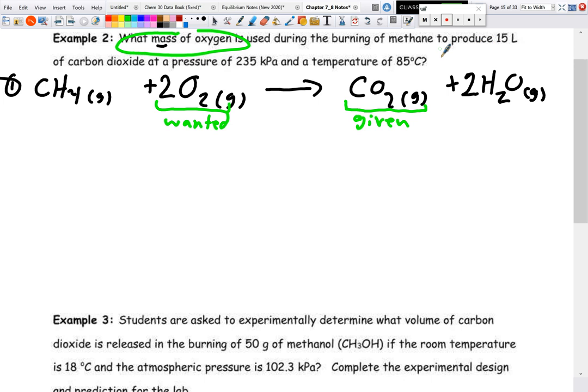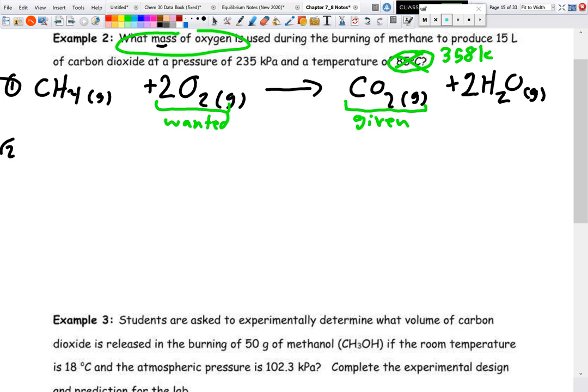Volume in liters is also needed, but the temperature we need to convert into Kelvin. So we add 273, and that gives us 358 Kelvin. You can scratch out that degrees Celsius and put in Kelvin, or write it down somewhere on the other side, as long as you realize that you need to convert that.